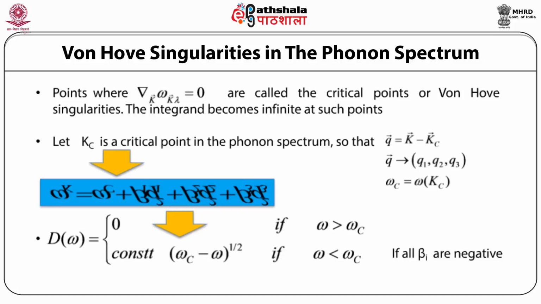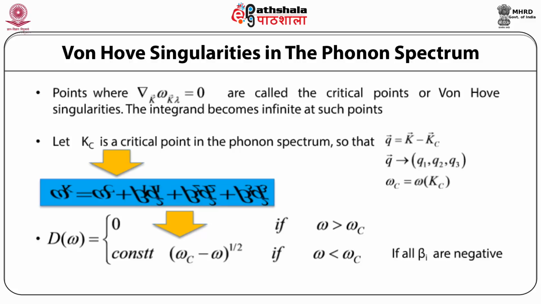Let the vector q be equal to k minus kc. Then in the neighborhood of kc, we can write omega k is equal to omega c plus beta 1 q1 square plus beta 2 q2 square plus beta 3 q3 square, where all these qi's are the components of q, and omega c is the frequency omega at kc.